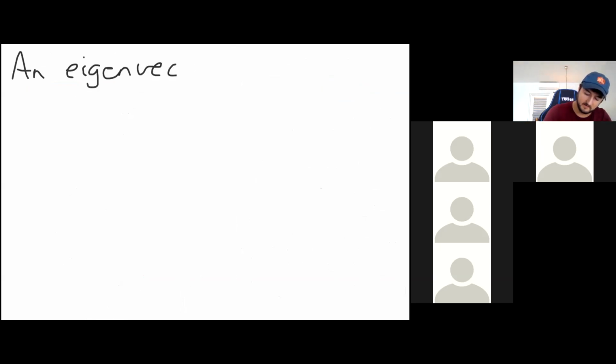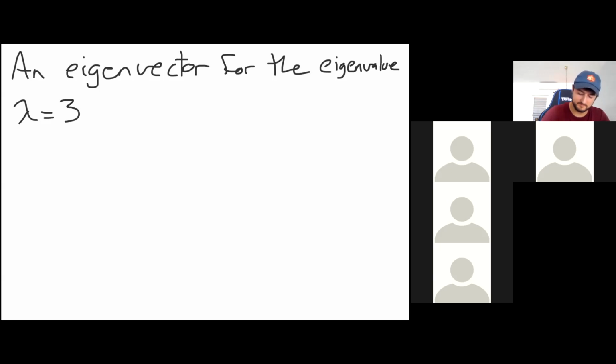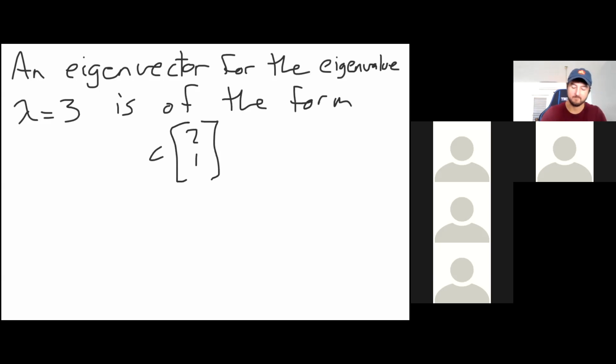So any eigenvector for the eigenvalue lambda being 3 is of the form some constant c times 2, 1, where c is a real number.